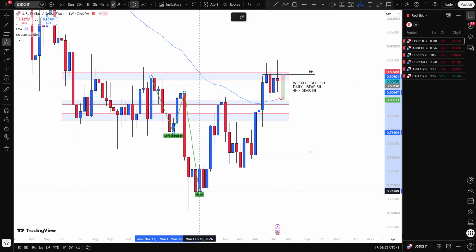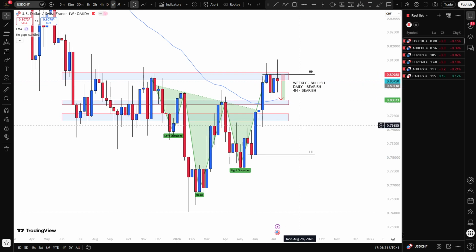You see a very clean inverted head and shoulder. If price this week retraces back to this place here, candle close, then next week I'll be looking for the buy to continue the higher time frame momentum.